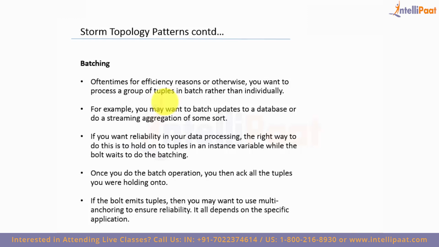I can have two approaches. The first approach is that I go to the room and ask person one, do you want a soft drink? The person replies, yes, I need a cola. I go back, do the processing, which is getting the cola bottle for that guy, go back into the room and serve the cola to him.